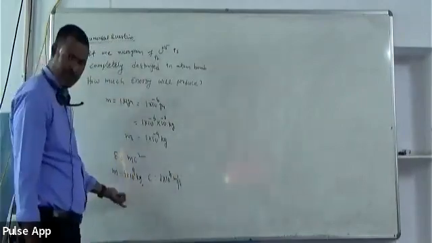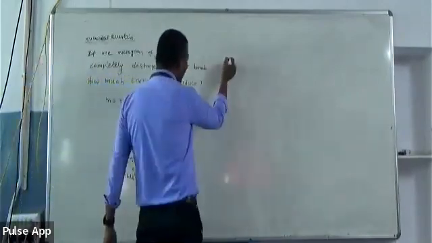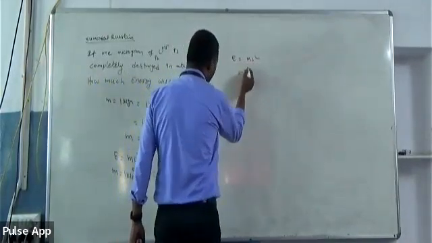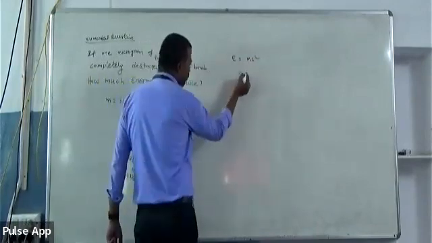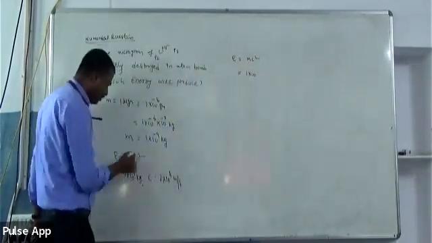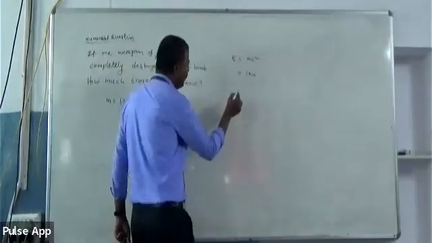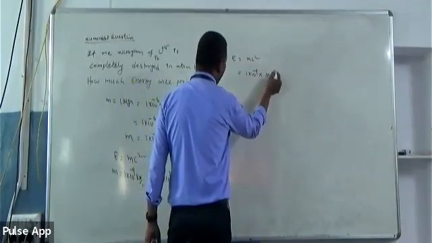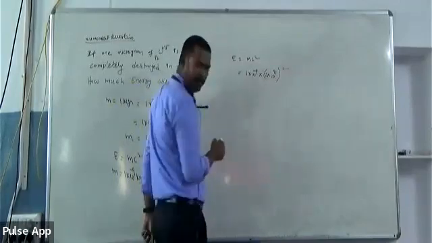So directly I can write, energy produced will be mc square, that is 1 into 10 to the power of minus 9 into 3 into 10 to the power of 8 whole square.